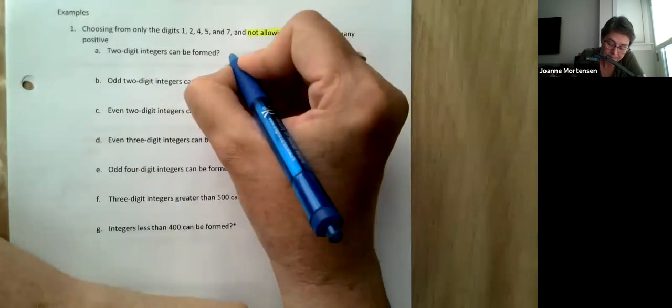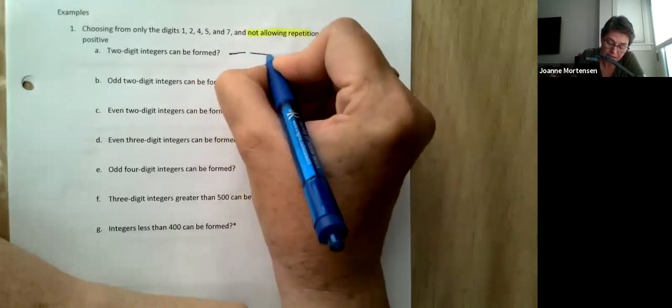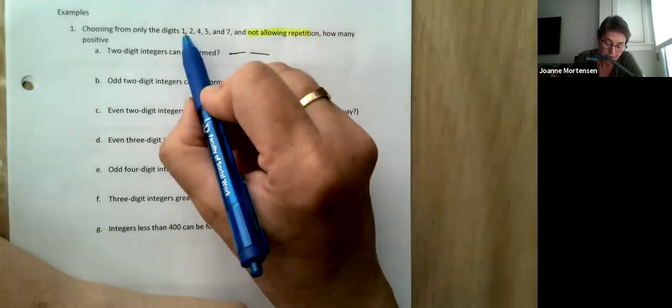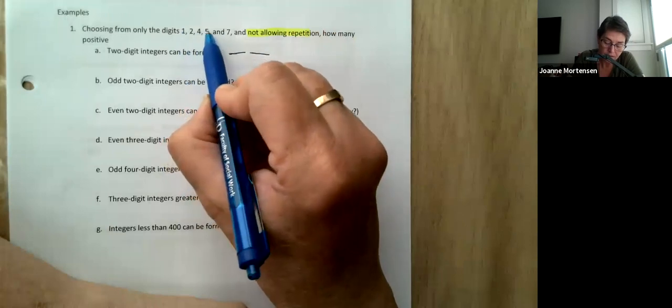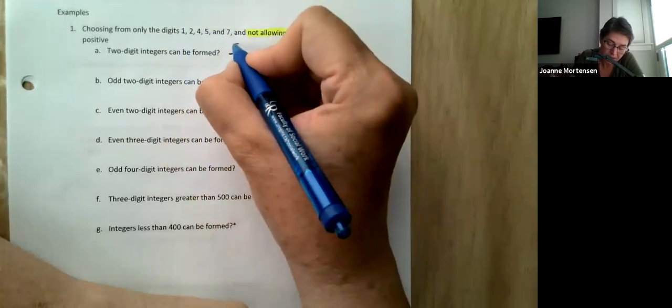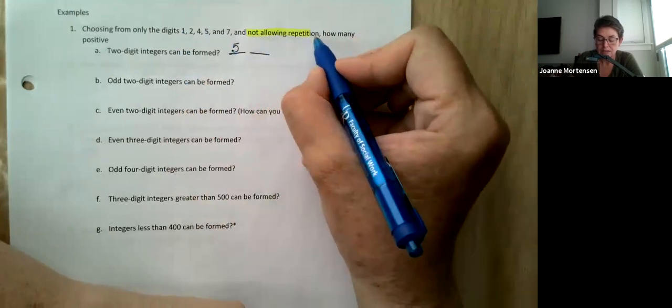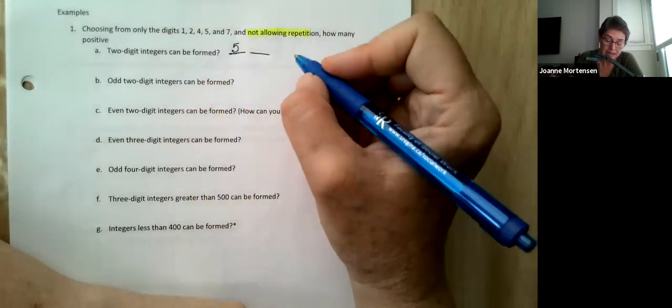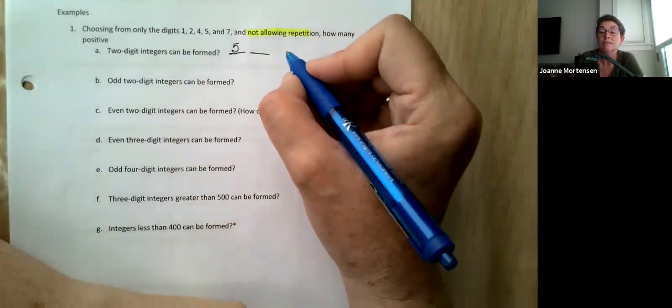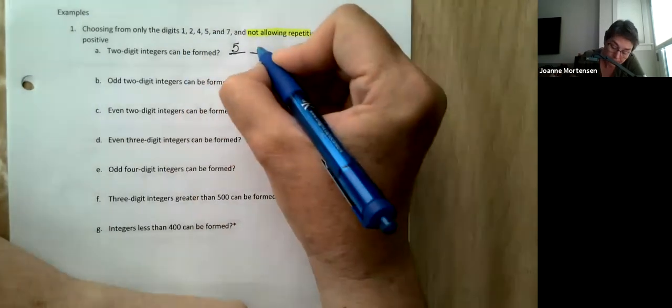2-digit integers. Well, first digit, second digit. There are 5 numbers I can choose to begin with, and because it says no repetition, once I use one of those, I can't use it again.